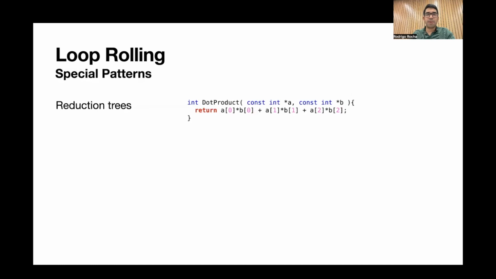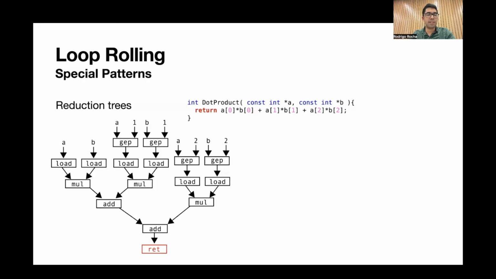Another special case that we can handle are the reduction trees. In this example, we have a dot product, which is a very common example. In the case of the reduction trees, we have a single seed instruction, for example, this return instruction at the bottom. From the seed instruction, we collect the reduction tree, which consists of adjacent nodes performing the same reduction operation.